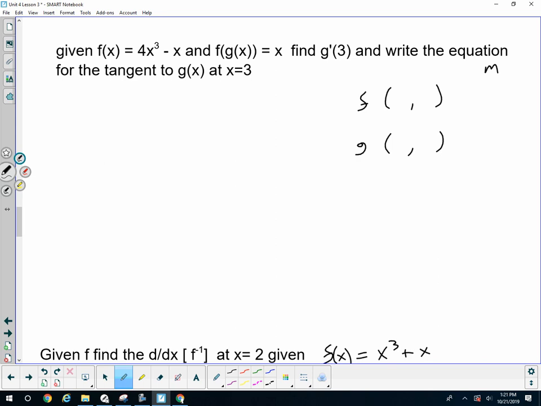Careful, g prime of 3, when the x of g is 3. That's my start. Okay? Then I say, all right, well, inverses, that 3 is over there.